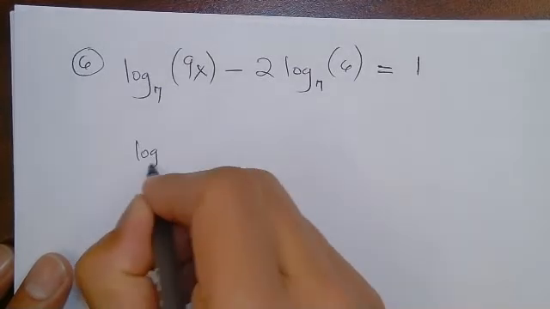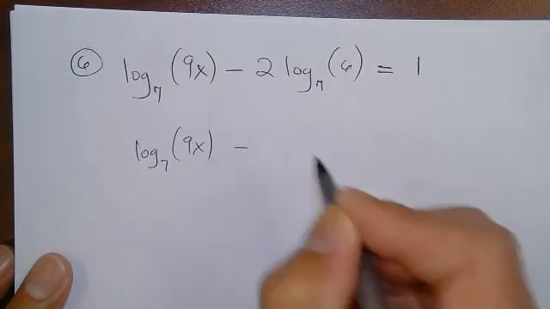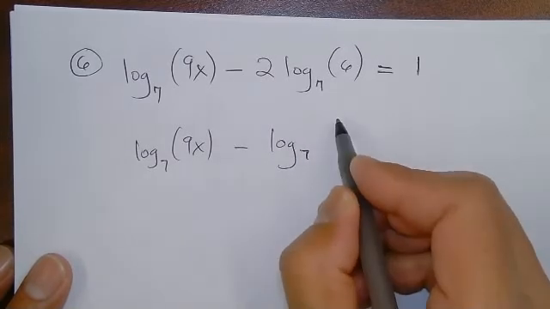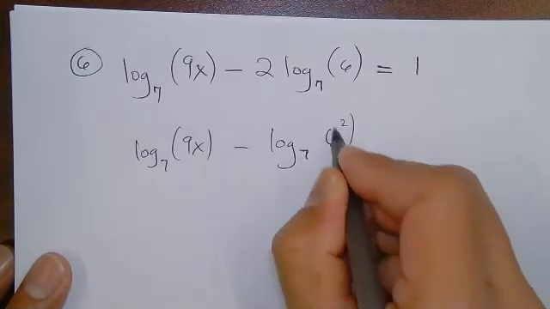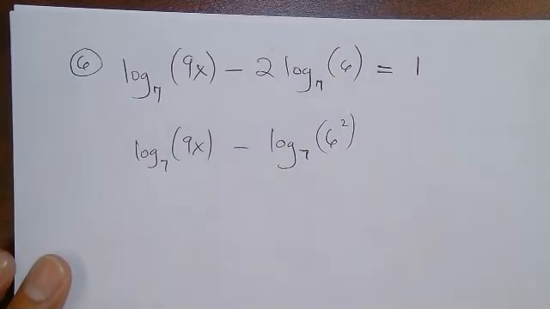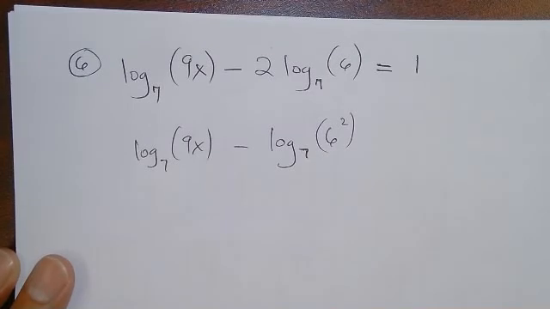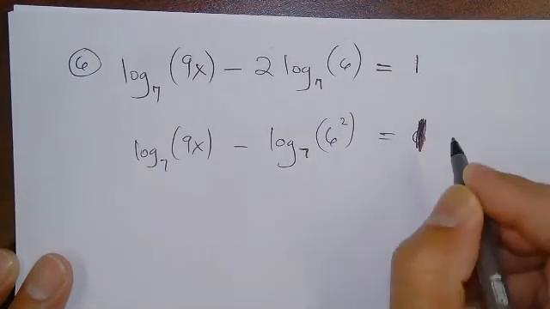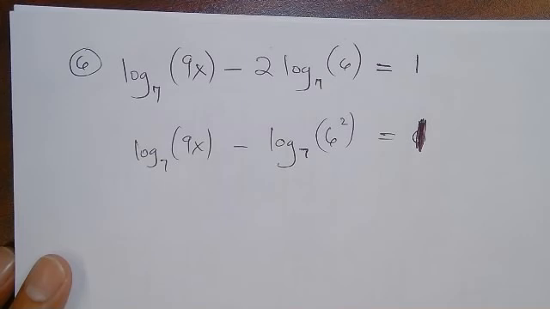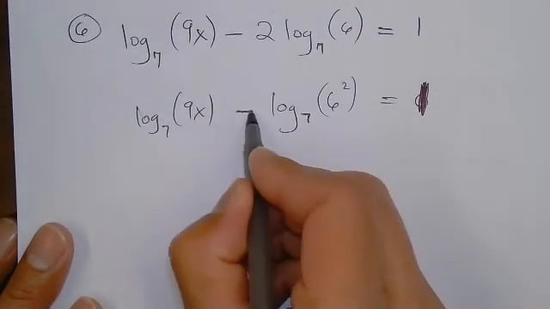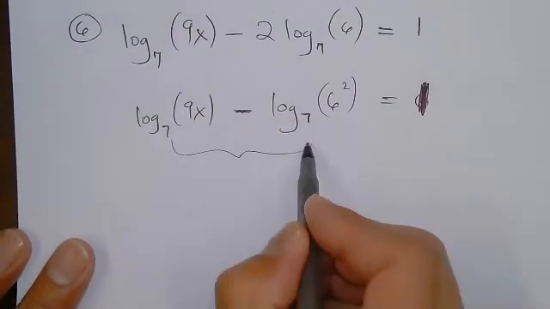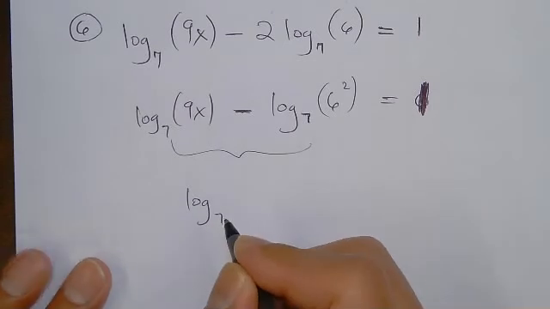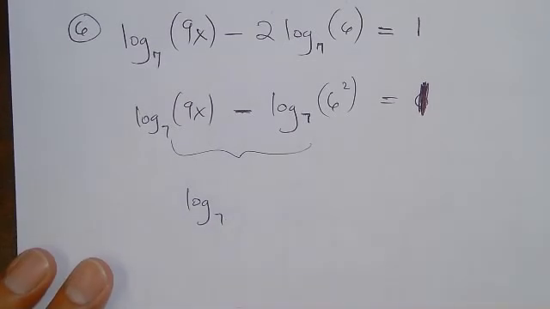Well, this one's the one that's got to be fixed a little bit. So that's going to be log 7 of 9x minus, everybody agree it's going to be log 7 of what? 6 squared? Because the 2 goes up? Equals 1. And minus, when it comes together, is not multiplication.